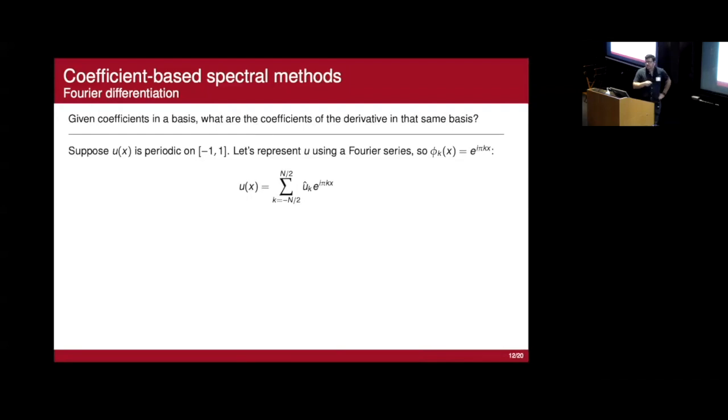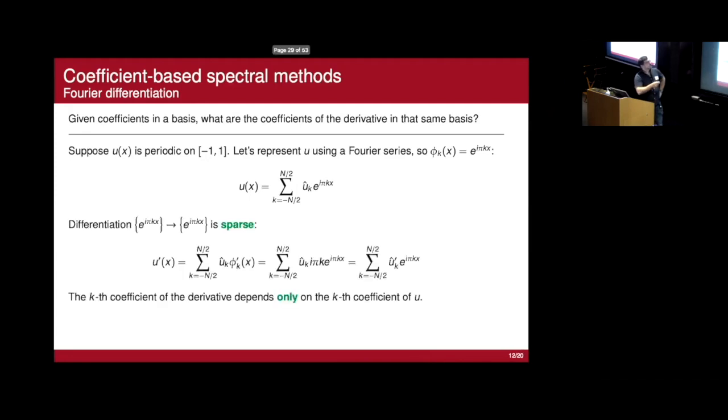If u is a periodic function on -1, 1, we can represent it with a Fourier series. So phi is e to the i pi kx. u is now just a sum of Fourier coefficients times e to the i pi kx. And we probably all know that taking a derivative in Fourier space is very easy.